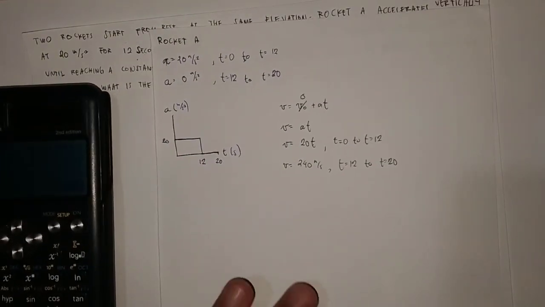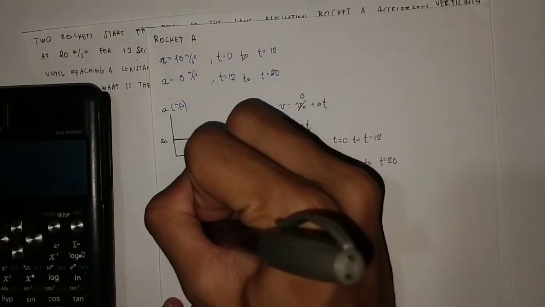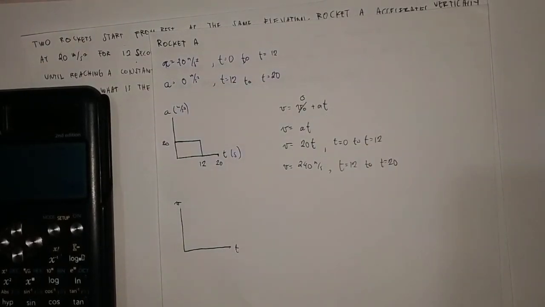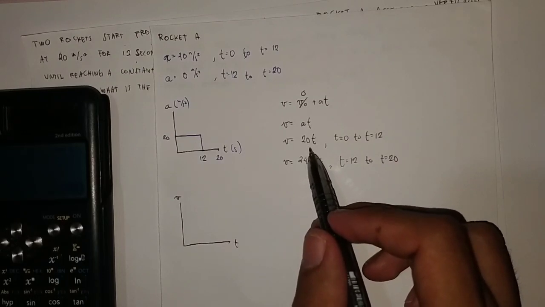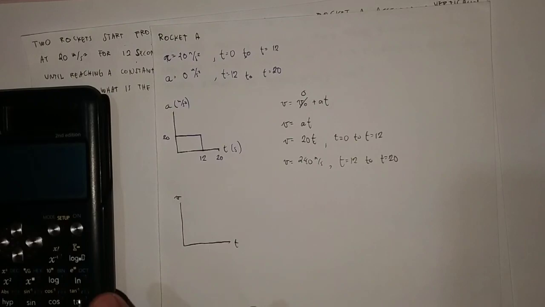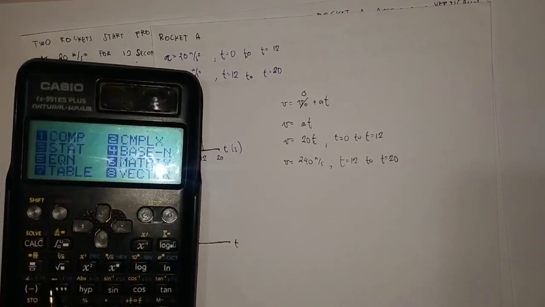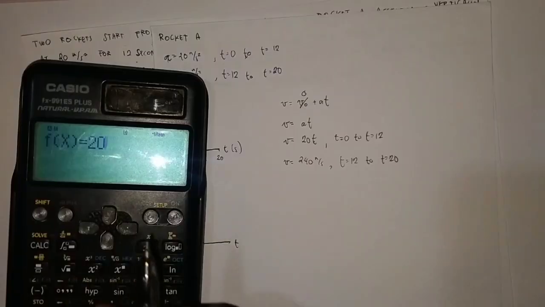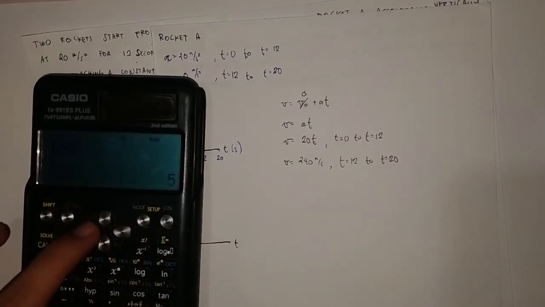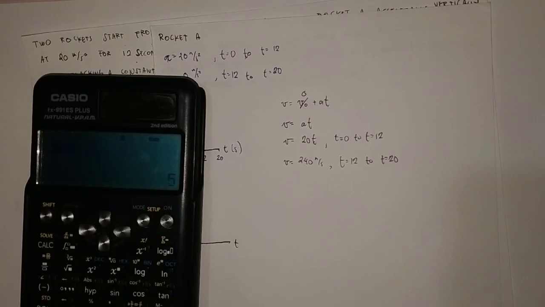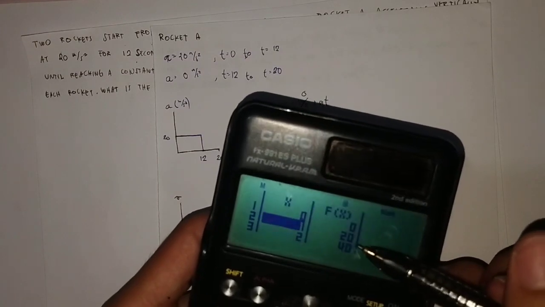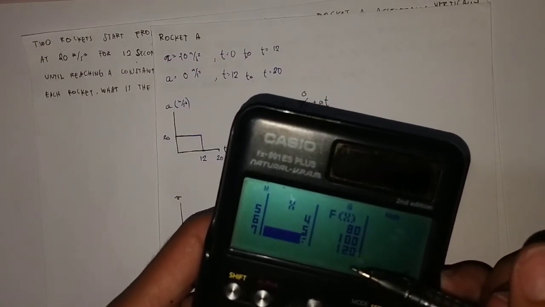Then we may be able to create the VT graph. So first, V equals 20t. We can use the table function here, 20x, starting from 0 and at 12. You can see that it has a constant growth of 20 per second.